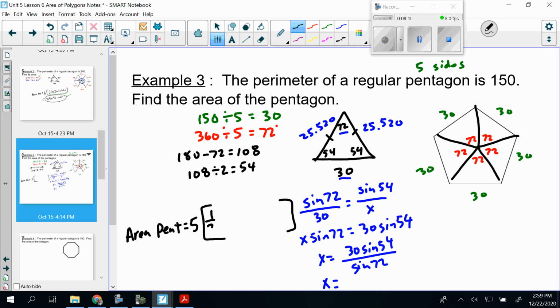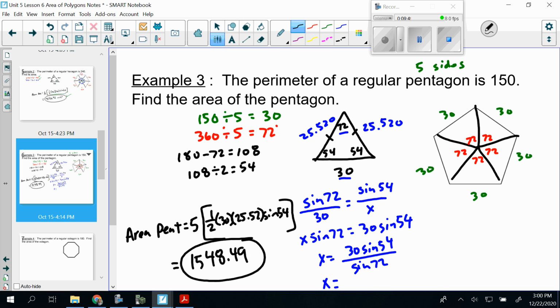So it would be 1/2, our two sides here would be 30 and 25.52, and then sine of the included angle, which would be 54 degrees. So if we go through and find that out, we should be able to get it. And it looks like if you do that and put it in your calculator, you should get about this for the area. And it'd be in units squared.